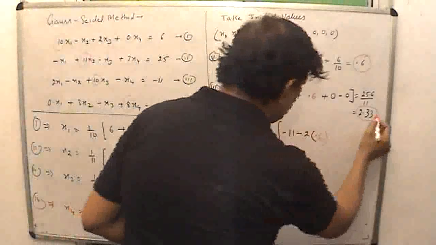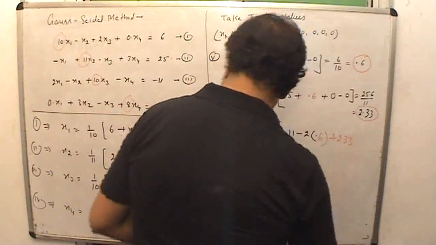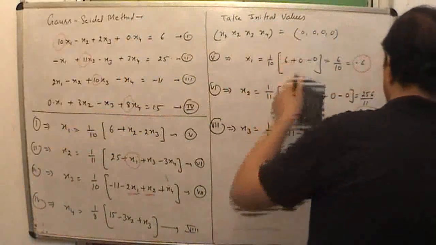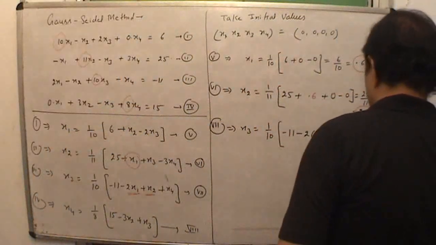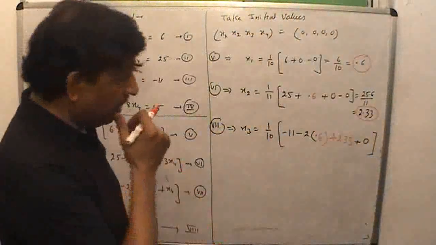x2, again we use the new value, that is 2.33 plus x4. For x4 we take 0. That is the difference between the Jacobi and Seidel.